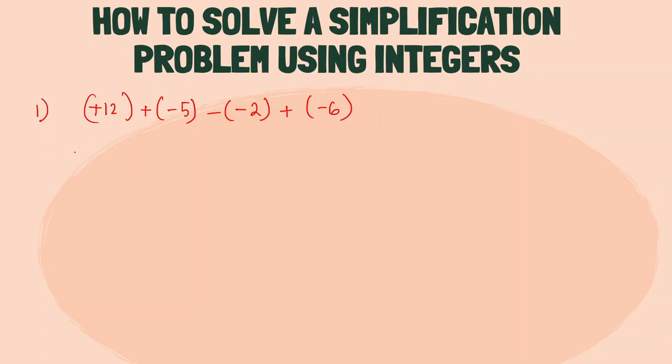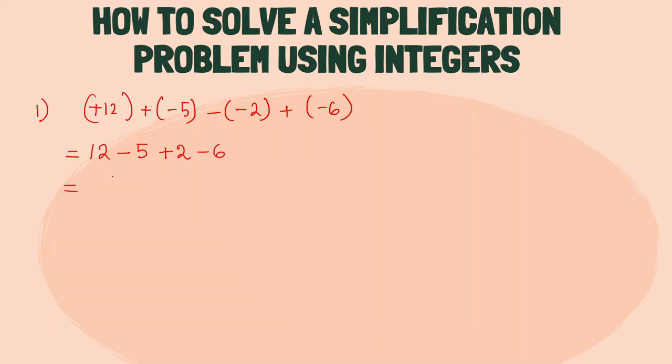Here you have to first take out all these numbers from their respective brackets. So plus 12 will be 12, plus minus becomes minus, so it will be 12 minus 5, minus minus becomes plus, so it will be plus 2, plus minus becomes minus, so it will be minus 6.